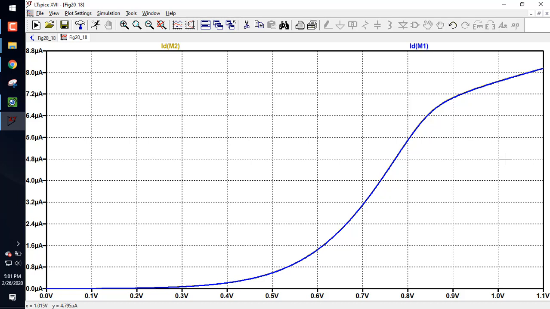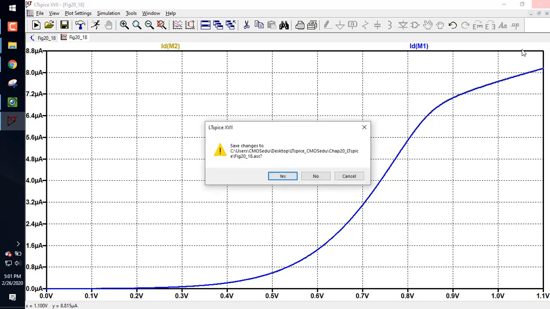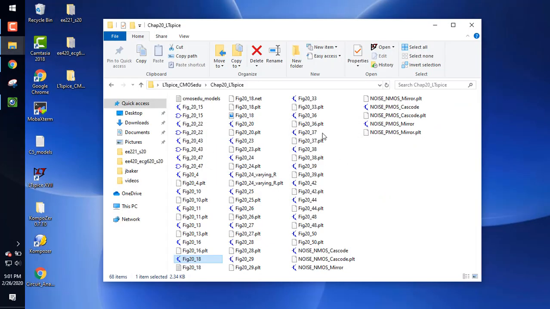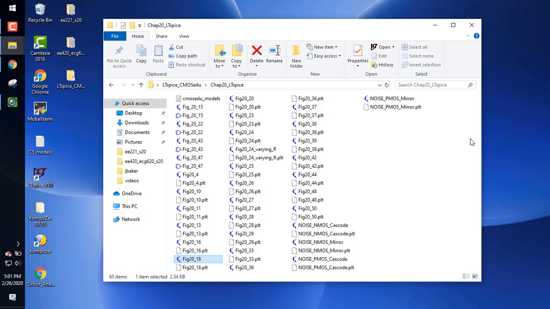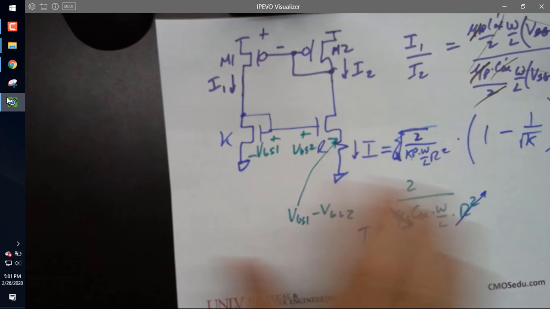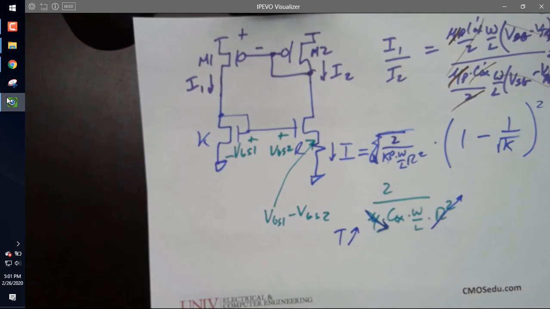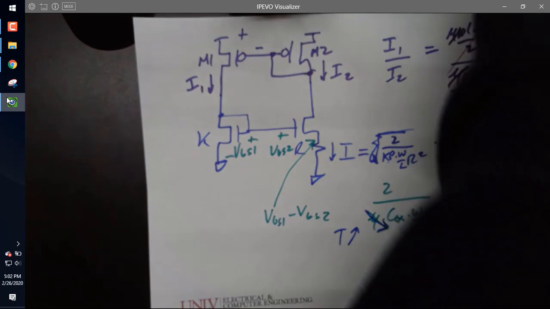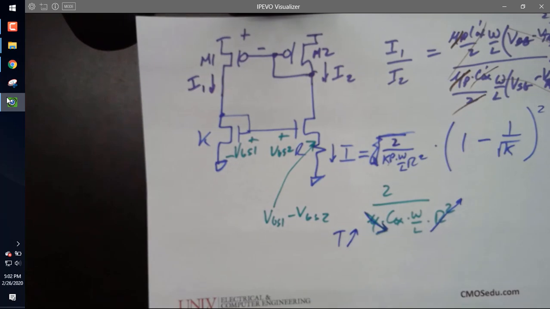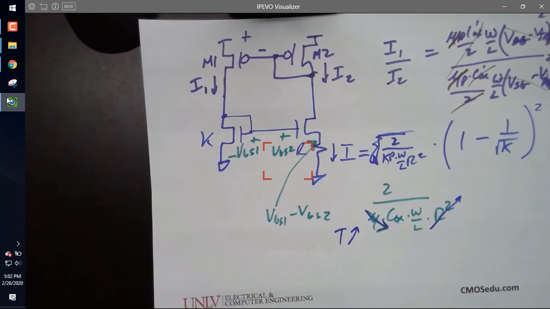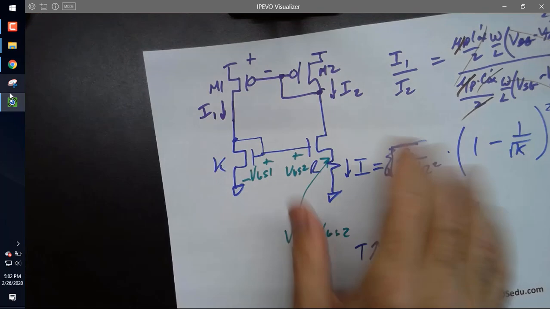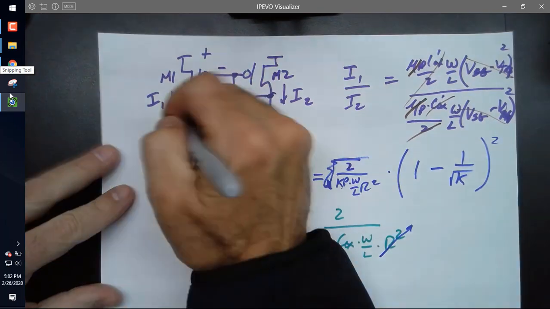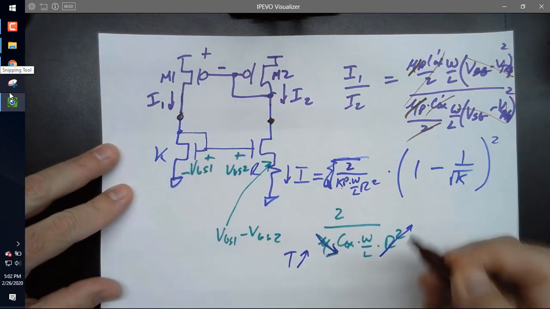Okay, so here's what I'm going to do. Let me draw it. I don't like pointing to stuff. I'm going to try to equalize the circuit so that this node and this node are the same.